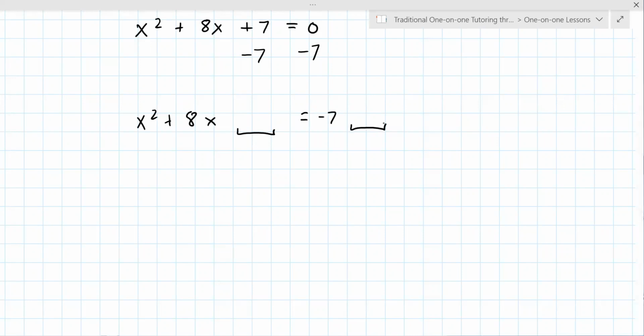That's why I got mixed up. Yeah, and so from here, you've got to figure out what goes in this position on both sides.